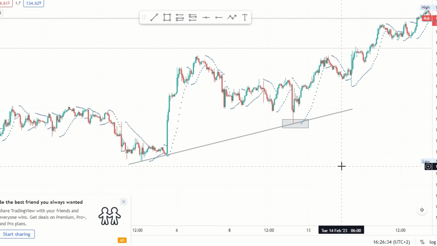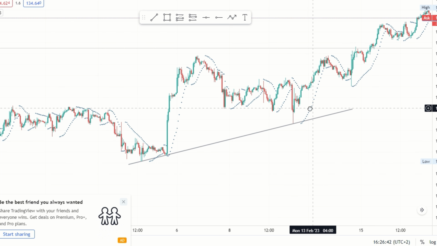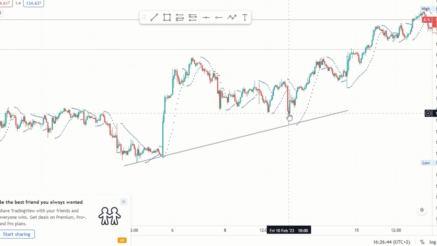You see there's a big rejection there. With this big rejection candlestick leaving this long wick here, it basically means that there's some sort of support in this area.